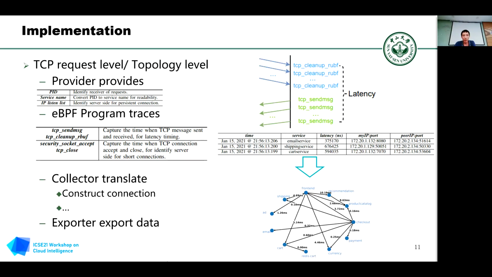Kmon only collects the requests sent to servers, but it is difficult to distinguish the direction after a socket is accepted. Kmon used hooks on accept and close operations to decide short connection directions, which assumes that the server side executes the accept call. After that, service topology can be constructed from TCP requests.